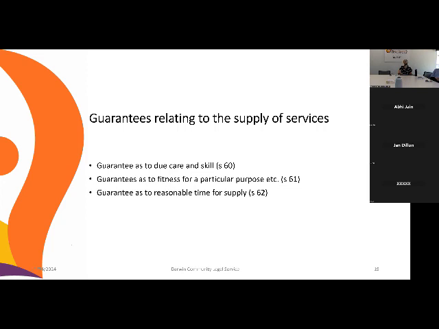And then there's finally a guarantee as to reasonable time for supply. So that's normally used when a contract is silent as to when the services are to be performed and completed. If there is nothing in the contract about the time or the completion date, the consumer guarantee provides a protection that they need to at least provide those services and complete them within a reasonable time.